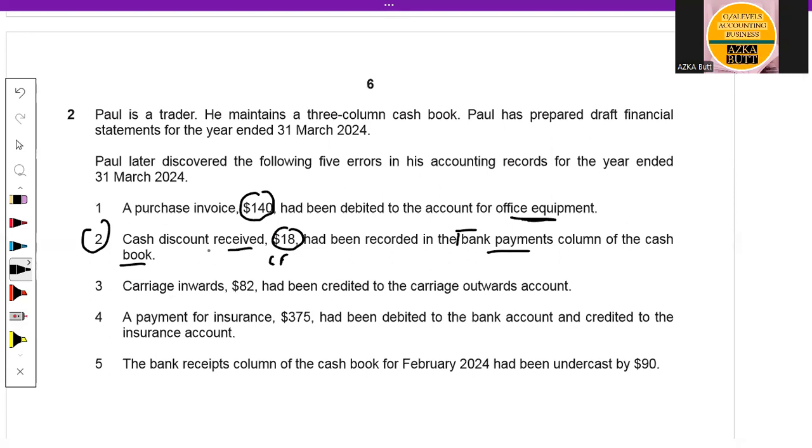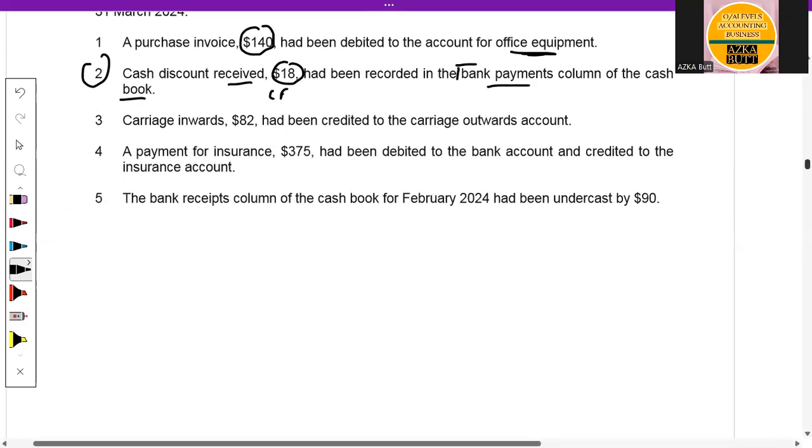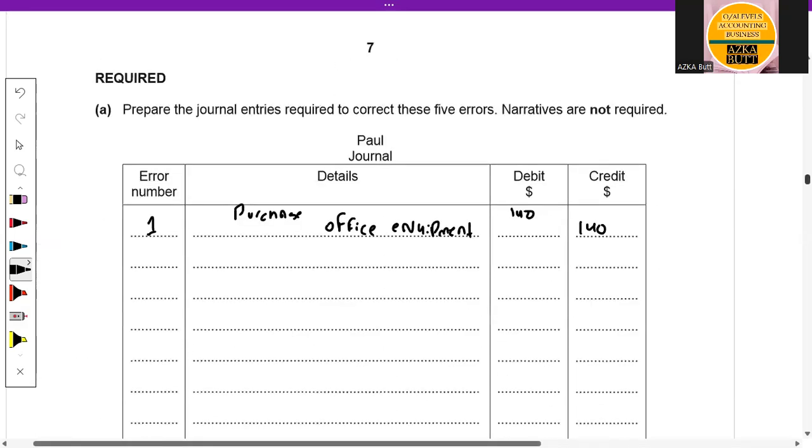It means that we will credit the discount received and we will debit the bank account. So the second error: bank 18 debit, and discount received 18 credit.